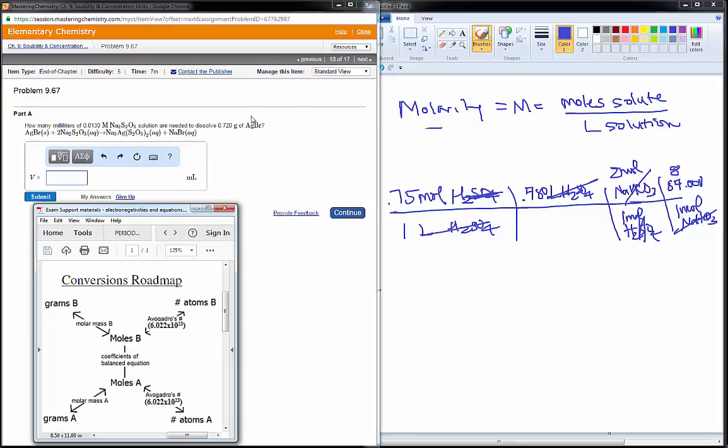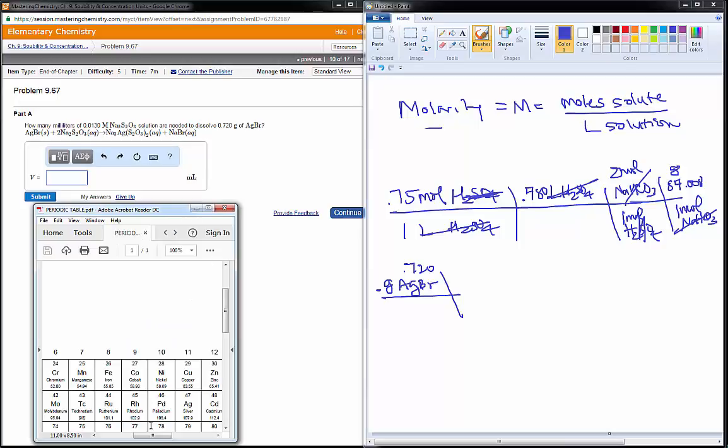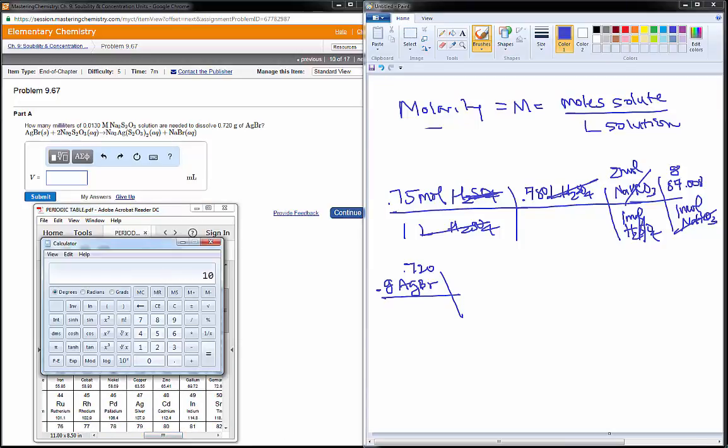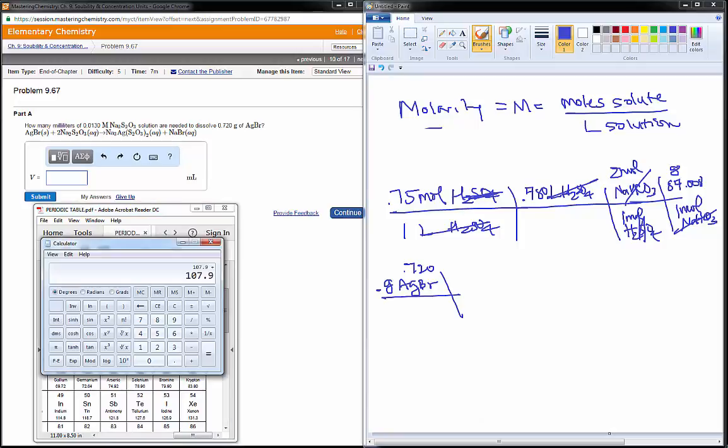So it goes like this: 0.720 grams silver bromide. Silver is 107.9. Bromide 79.9. So we've got 187.8 grams per mole.